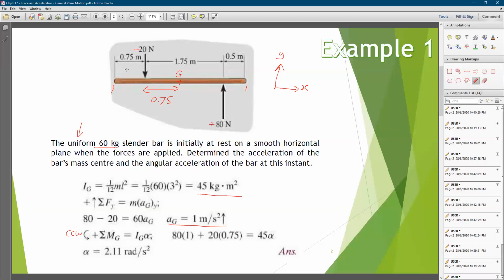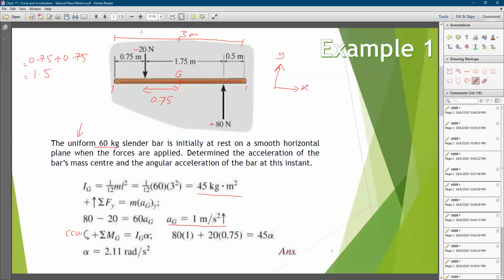Because here you have 0.75, it should be 0.75 plus 0.75 to get 1.5, because the total length here is 3 meters.